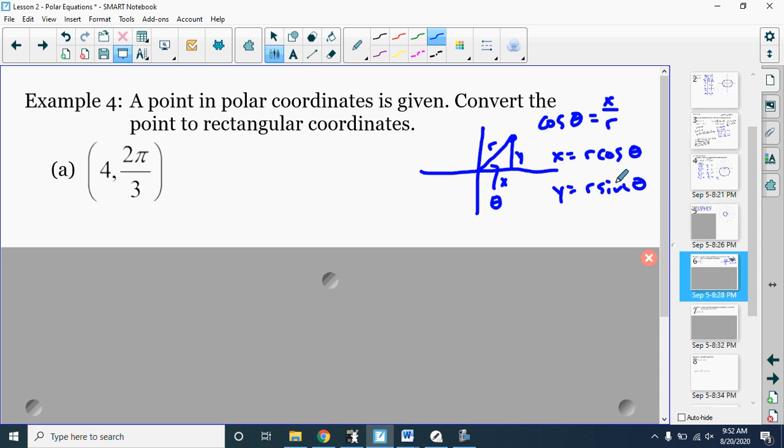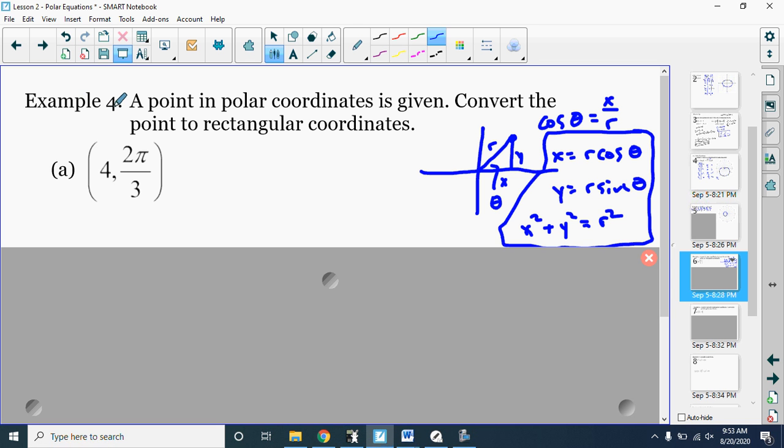And then another relationship between x, y, and the radius, we could use the Pythagorean theorem here. We know that x squared plus y squared equals r squared. So these are the 3 relationships between x, y, r, and theta that you should know. X is equal to r cosine theta, y equals r sine theta, and x squared plus y squared equals r squared.